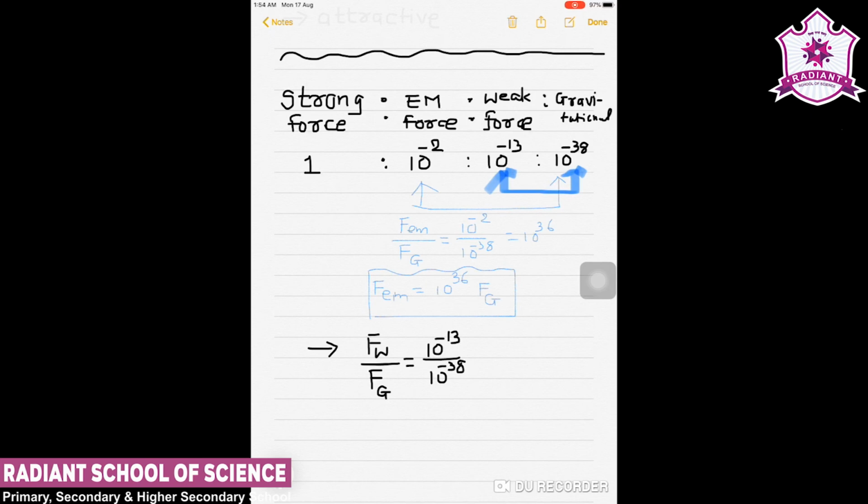So this is about 10 to the power 25. So weak force is about 10 to the power 25 times stronger than the gravitational force. So these types of comparisons are useful when we are considering some of the examples.